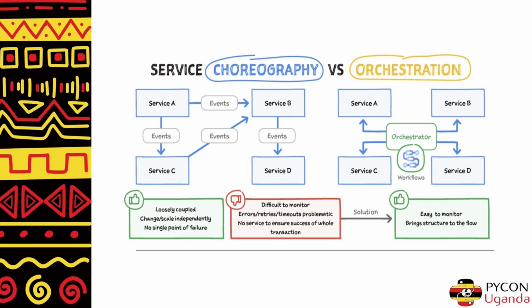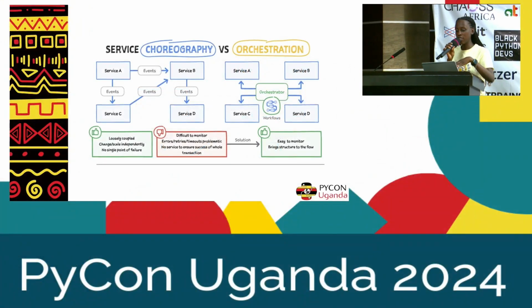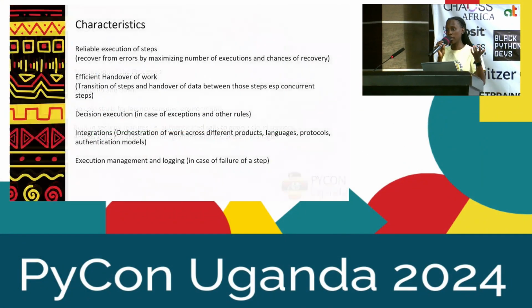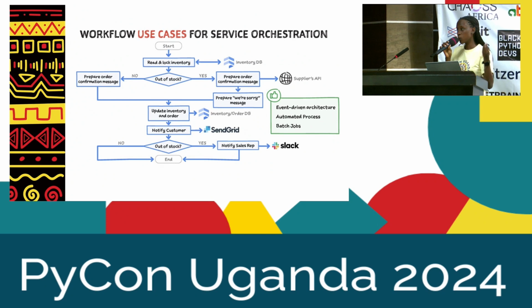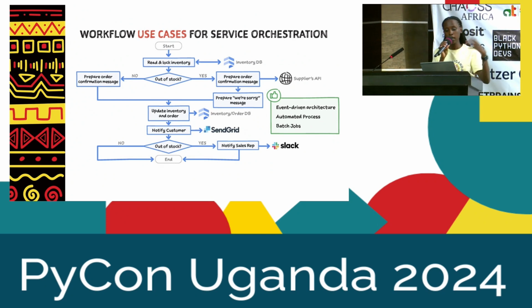Yeah. So let's go back. Another use case. In this use case, you're having read and lock inventory. You're querying the database, your inventory database, and then you're asking, do we have stock? So this is an online store. Do we have stock in the store? Yes. If it is yes, prepare the confirmation order.